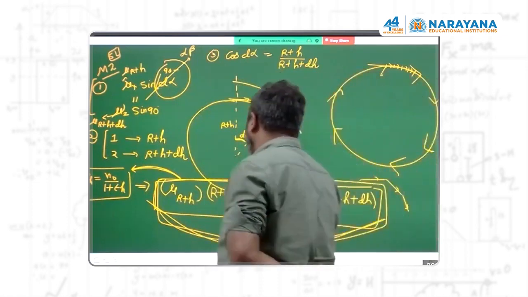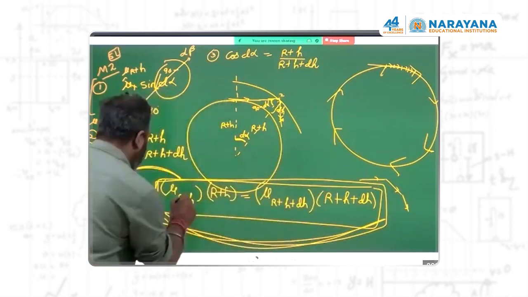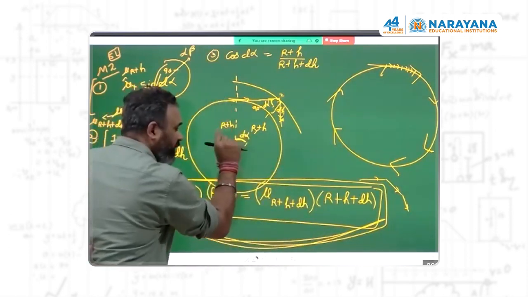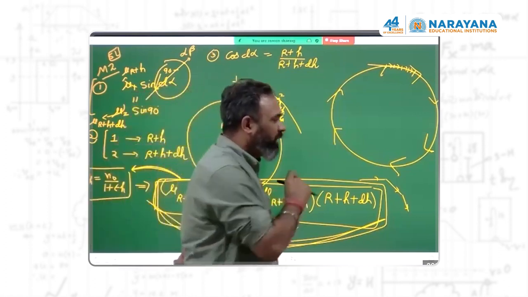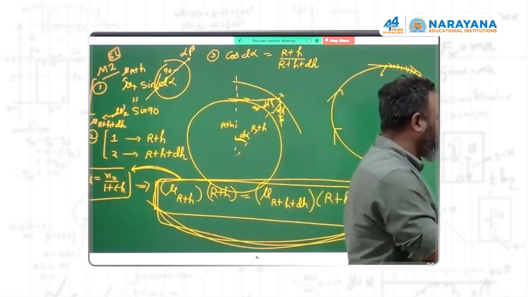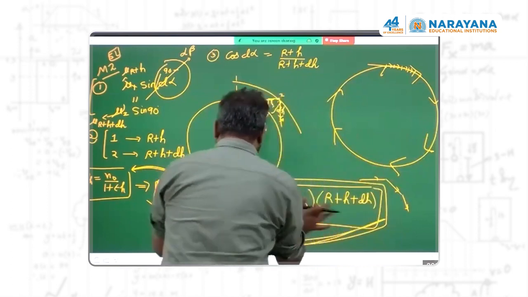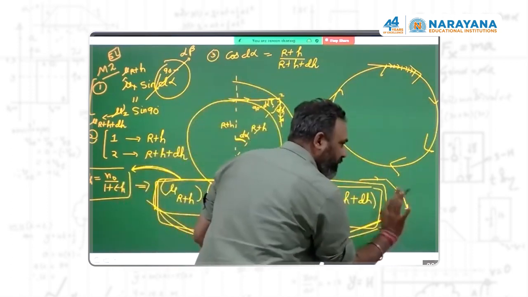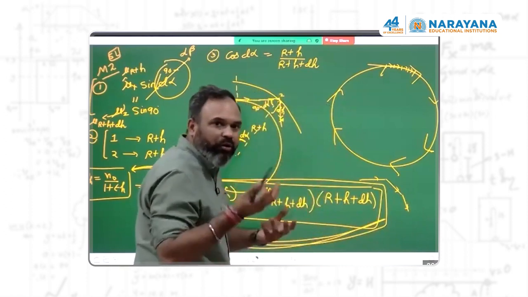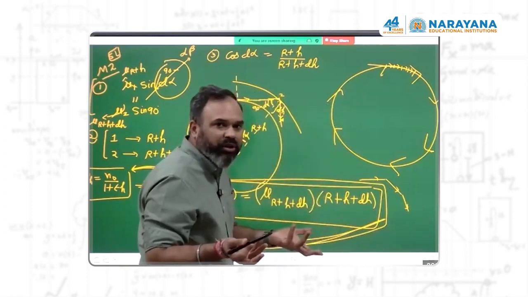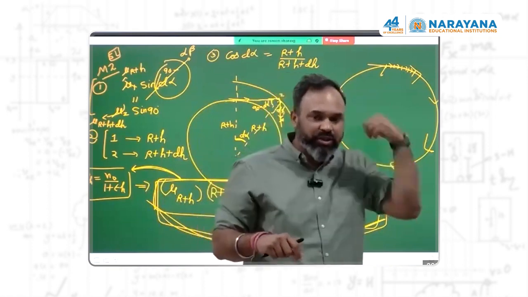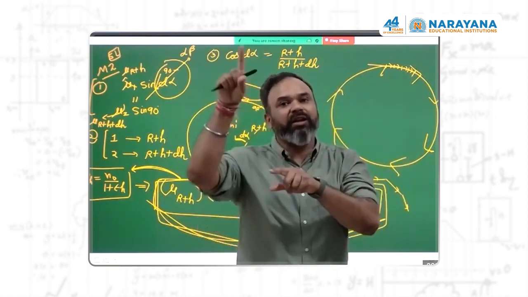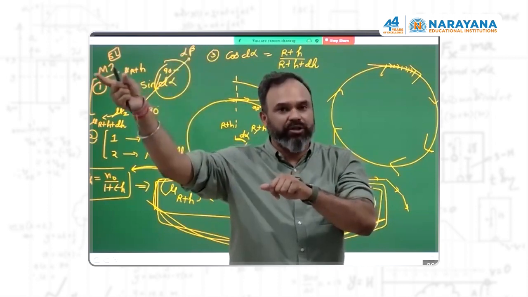So you just try to write this expression exactly at h equal to 0 from the surface and just dh above it. I think it will be easier to look into the problem because this result is applicable everywhere. If you are interested only in the value of r, and already you are saying that it doesn't depend upon h, then the first h that I'm writing, take as r, and the second, instead of h plus dh, take r plus dh.